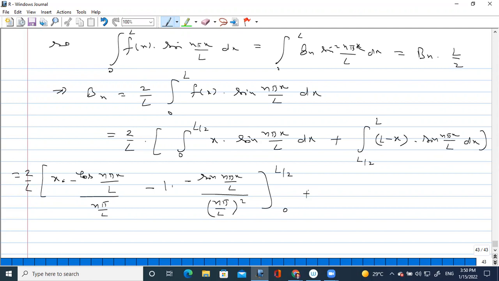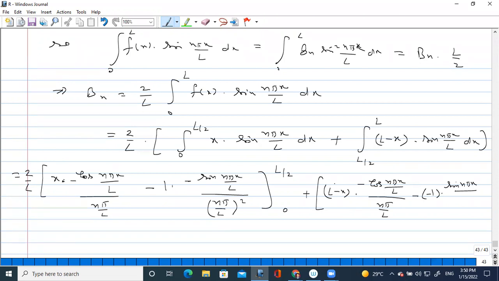Plus, here you take (L minus x). So (L minus x) as such into the integration of this, that will be cos(n pi x by L) divided by n pi by L. Done. Now minus of, again it will be minus 1 into sin(n pi x by L).